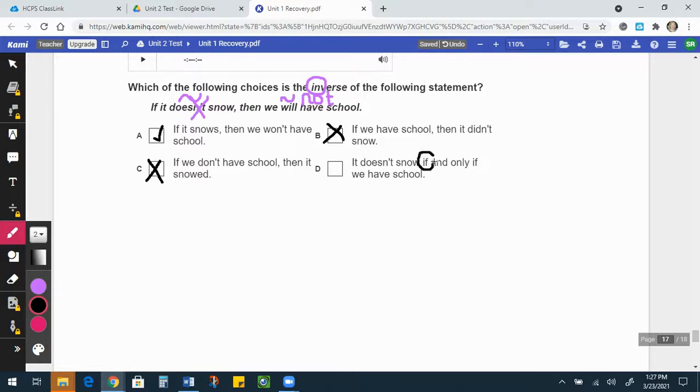All right, I know if I have two ifs, that's going to be biconditional. They want the inverse. I know I saw inverse up there somewhere. This is the biconditional, so it's not D. The inverse would be A. If it snows, then we won't have school.